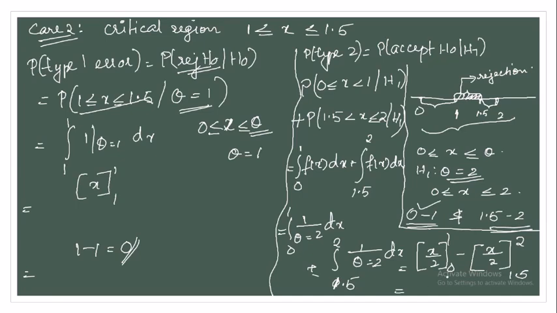Just do the simple calculations, you will get 0.75. So this is the probability of type 2 error.